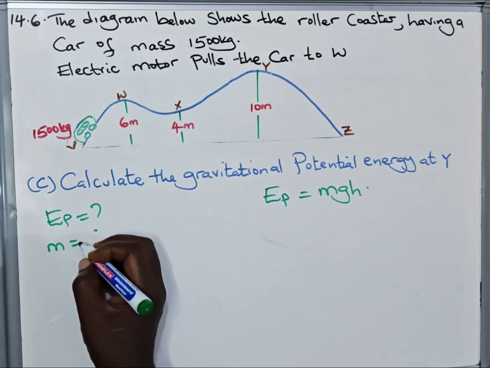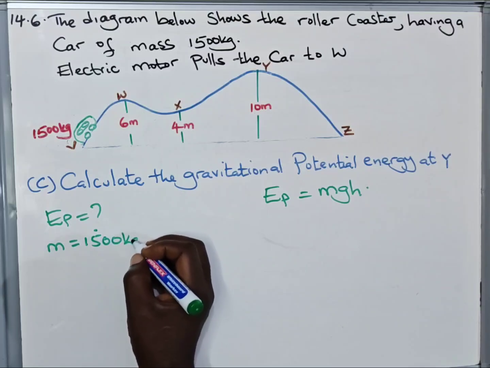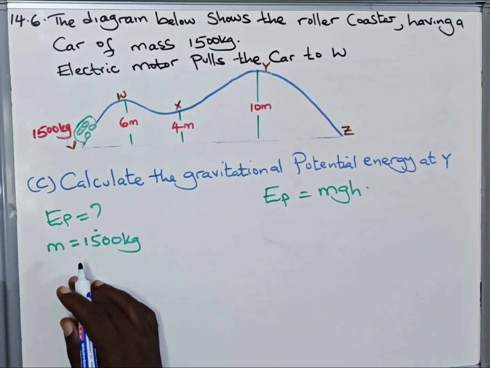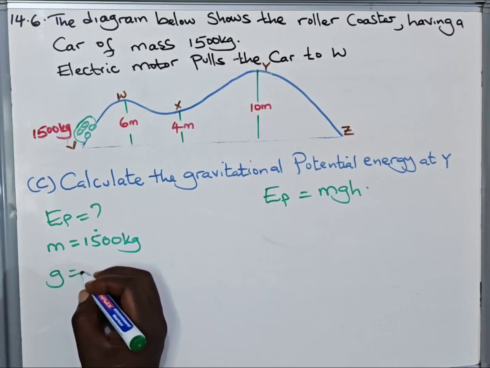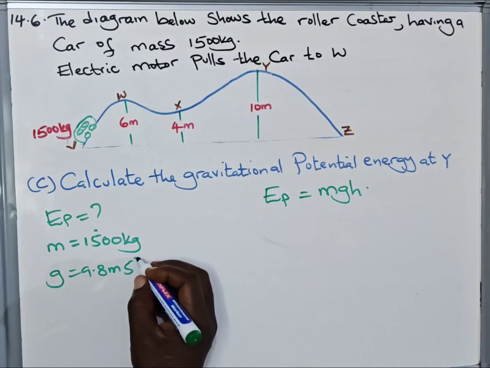The mass is 1,500 kilograms. G is constant, which is 9.8 meters per second squared.